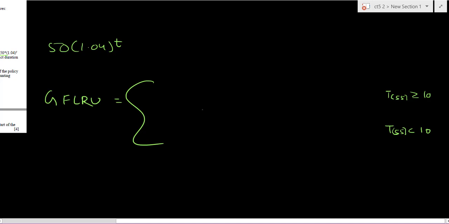Now let's talk about how we represent the gross future loss random variable. Now the benefit is decreasing, it decreases every year, right? So if this person dies, then T55 would be less than or equal to 10.